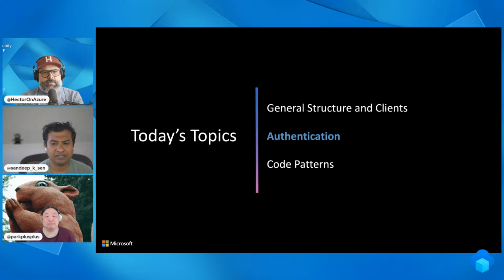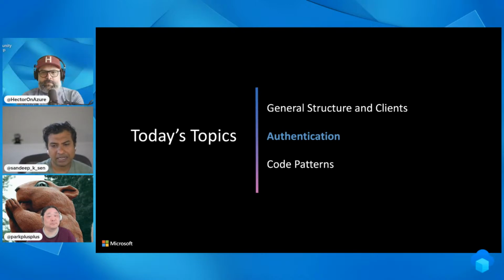We use our clients to perform every action, what kind of clients you can use, and how to instantiate them and whatnot. Then we'll dive into authentication. Of course, you need authentication to connect to any of these services. So we'll dive into that, and we'll close out with code patterns. Code patterns is what kind of patterns we follow and what kind of patterns you can follow to use the Go SDK more optimally. And then we'll have time for Q&A.